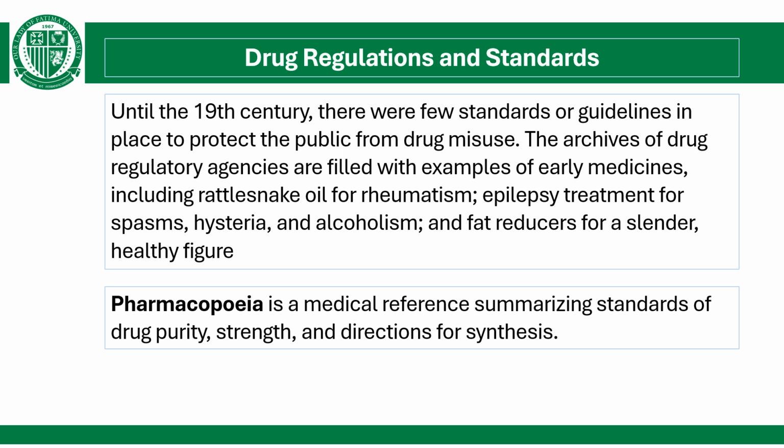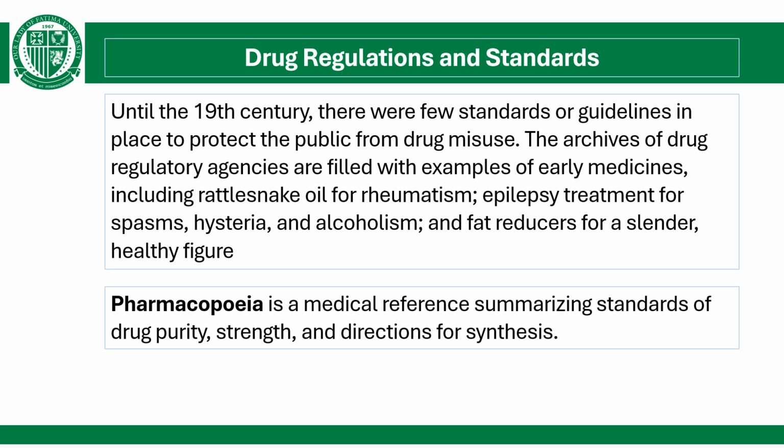There were different drugs, different medications, different practices going on around the world during that time, such as the use of rattlesnake oil for pain on the joints of different patients according to their belief, the use of epilepsy treatment if the patient is intoxicated with alcohol or having hysteria or spasms in the body, and also the use of fat reducers to have slimmer body shapes.